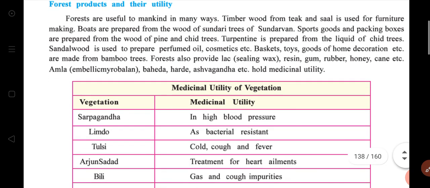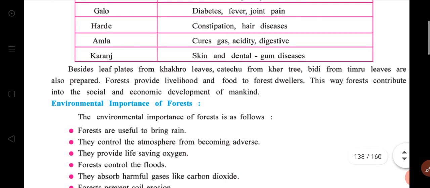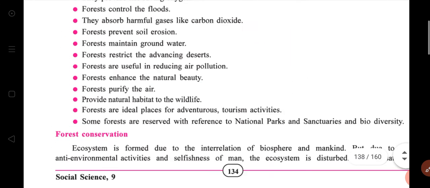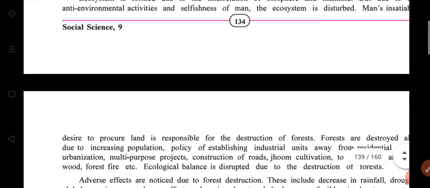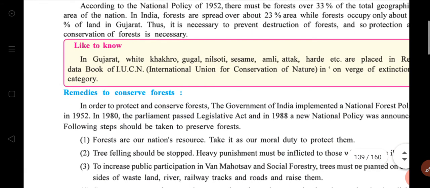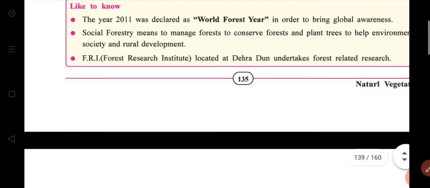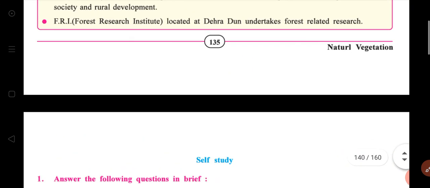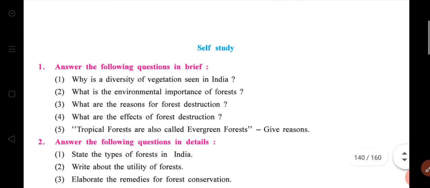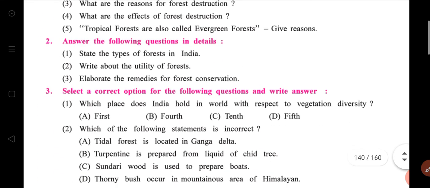Then forest products, utility, importance, conservation, and remedies to conserve forest. Clear? So this whole chapter is very important for you. Complete this chapter in your file note and also complete chapter number 14 in your file book and submit it to your class teacher.